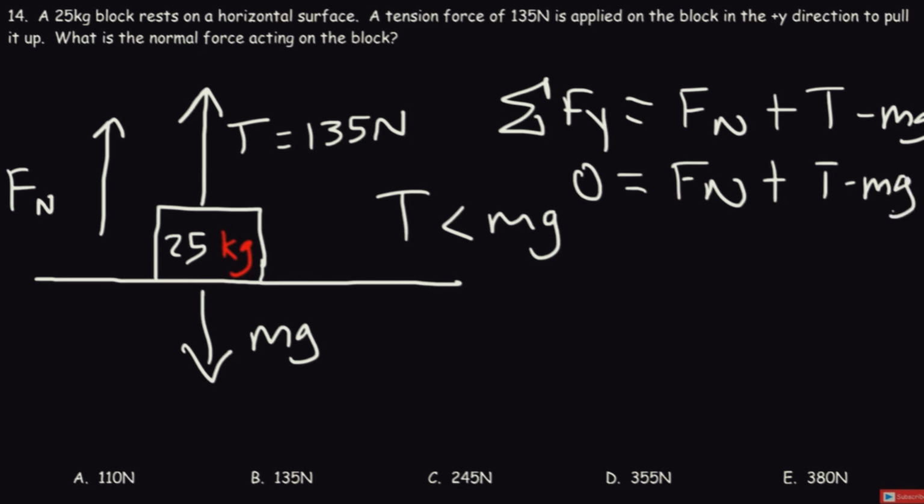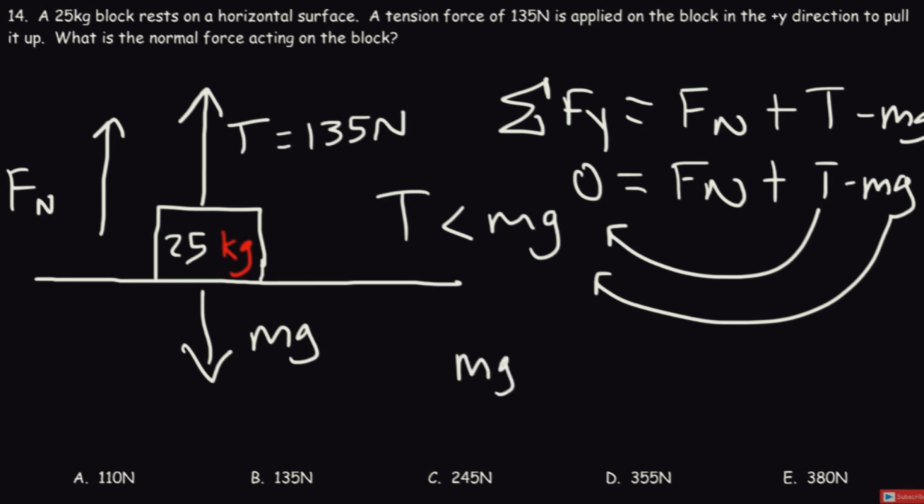If I am going to move T from the right side to the left side, and the same thing with the negative mg, so negative mg is on the left side, but on the right it is going to be positive mg, and T is positive on the left side, so it is negative on the right.